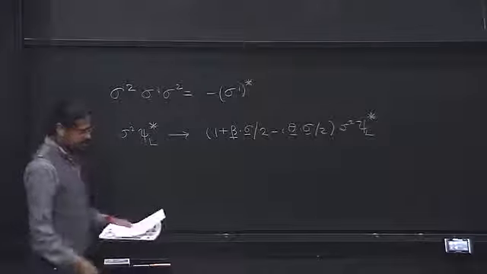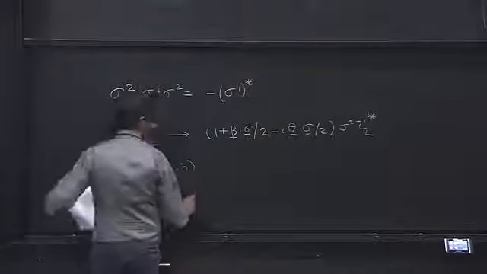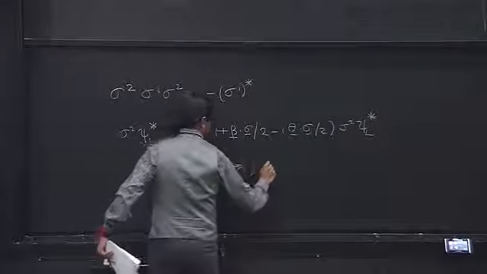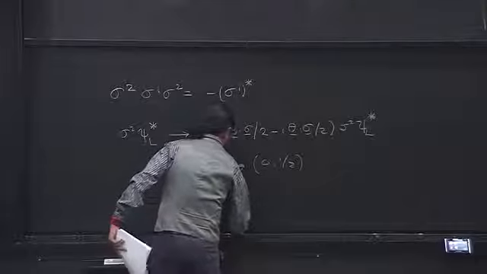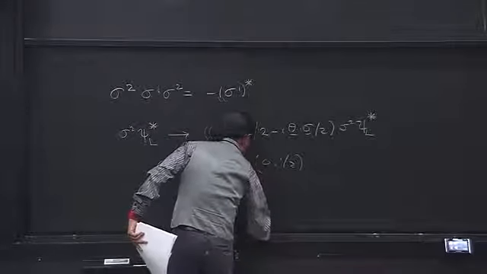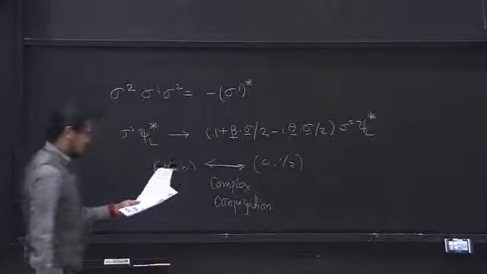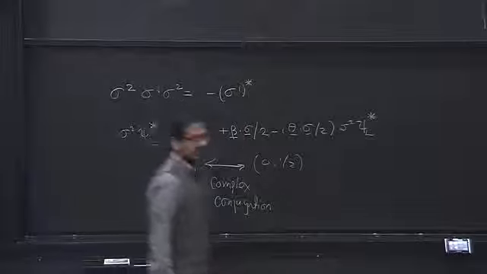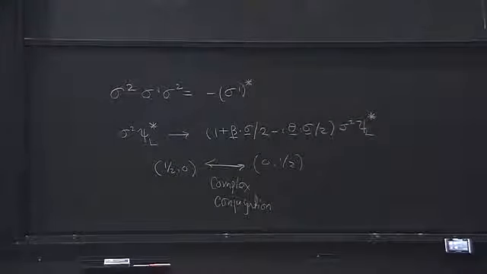So this is my physics way of proving that this representation is related to this representation by complex conjugation, and not similarity transformation.